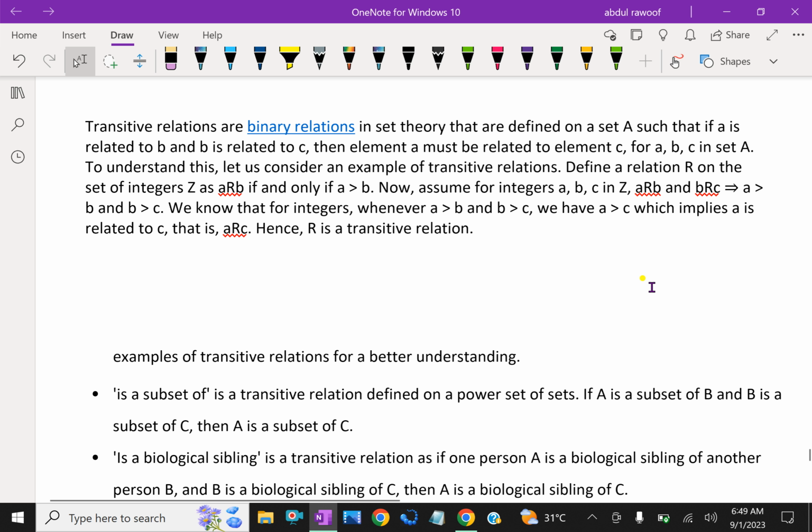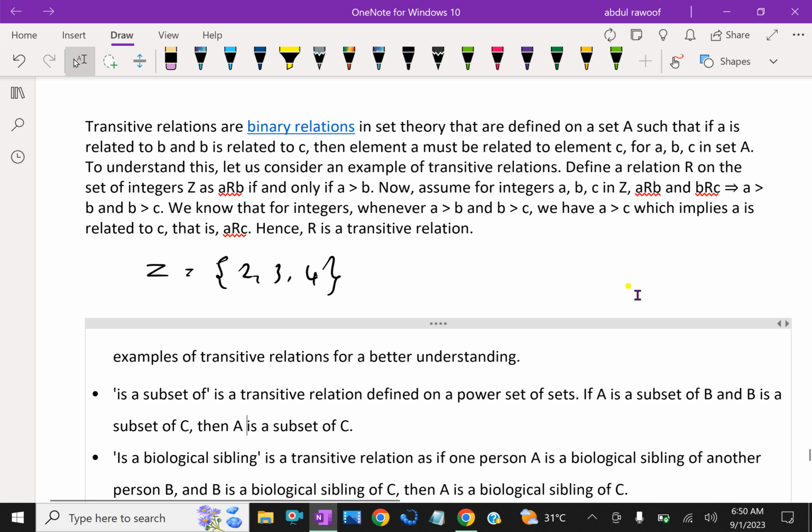For example, suppose we take three integers in set Z: 2, 3, 4.